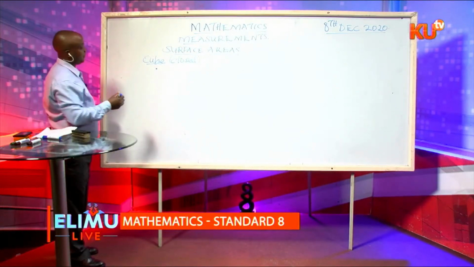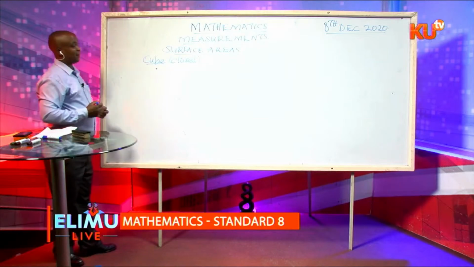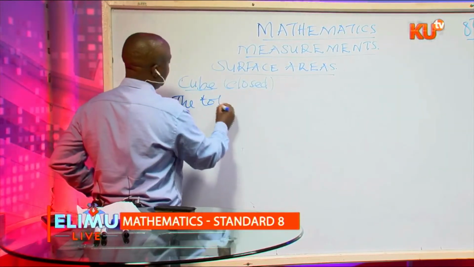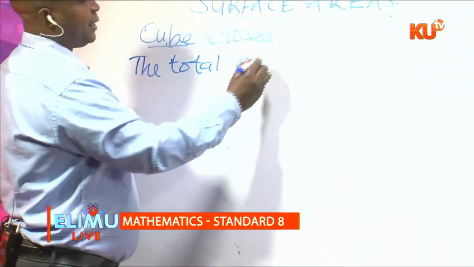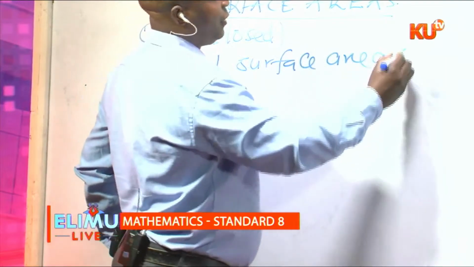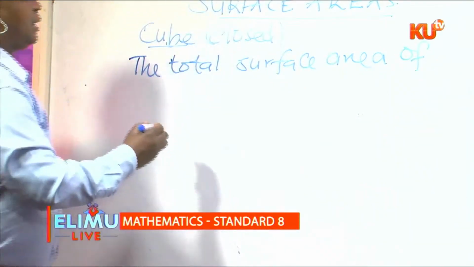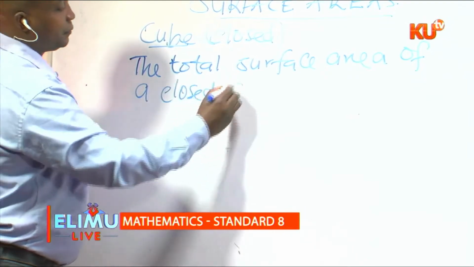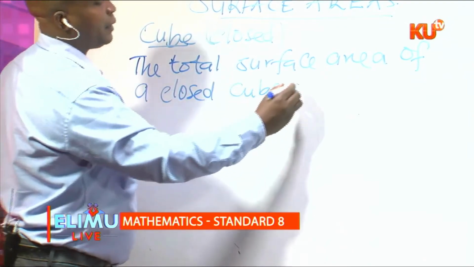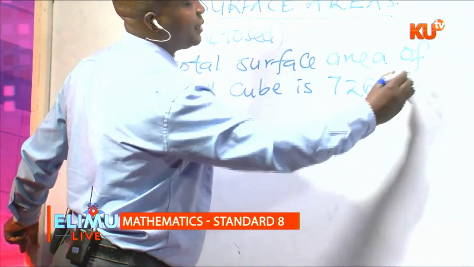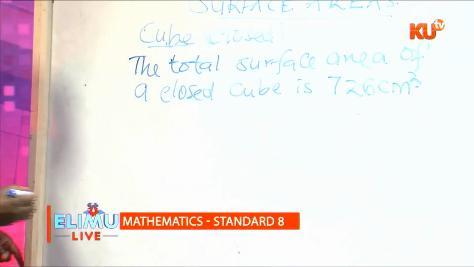So I'll have the total surface area of a closed cube. So I write: the total surface area of a closed cube is 726 centimeters squared.